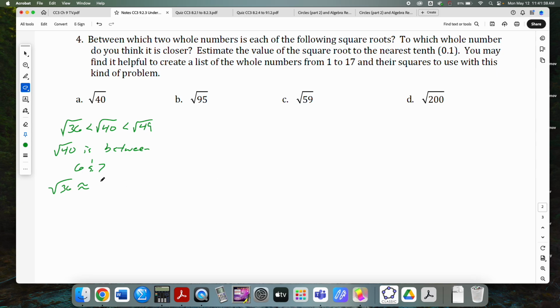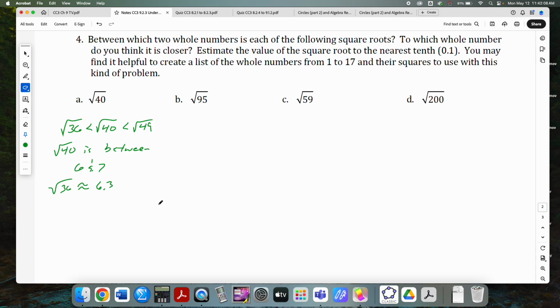About 6.3? 39.669, which is pretty close. Okay, if you had guessed 6.4, I would have been okay. If you guessed 6.2, I'd have been fine. If you guessed 6.1, I'm going to be like, no, you need to do a better guess than that.